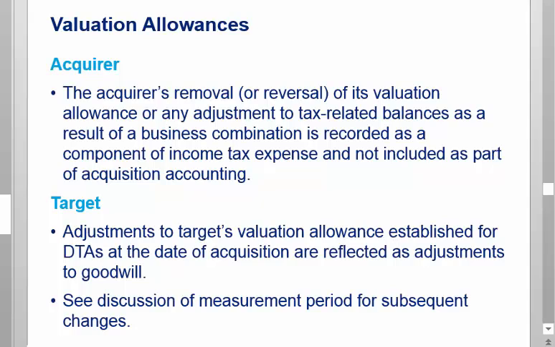And so when you buy that target, you're going to say, well, they should probably have a valuation allowance on their NOLs because they're not using them, and I'm losing money. I don't need their NOLs. So I'm not going to book a deferred asset through Goodwill. I'm just going to put up a valuation allowance on target's deferred assets. So it looks like I'm buying nothing, right?